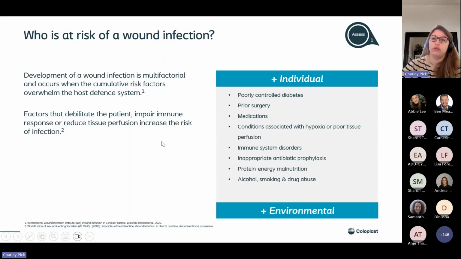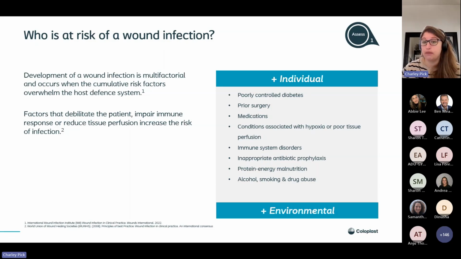So the individual risk factors are poorly controlled diabetes, as we discussed earlier, medications, and conditions associated with hypoxia or poor tissue perfusion. So think about your patients that have got venous insufficiencies, think about your patients that have COPD, etc. They're not going to be getting that oxygenated blood around the body as well as they need to be.